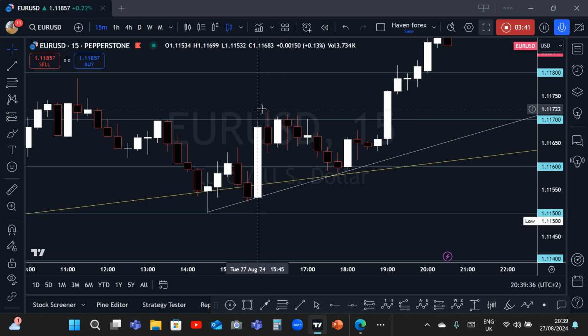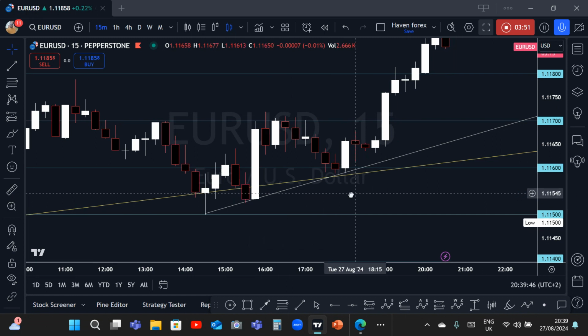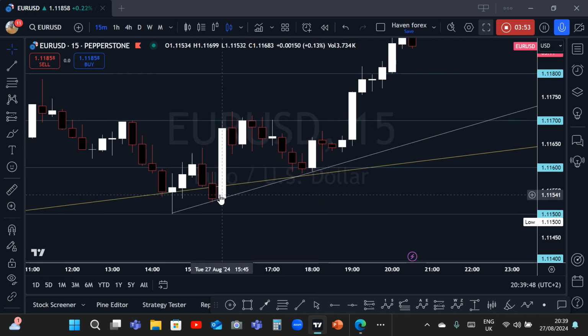What now happened? There was a bullish engulfing candle. A little after that, there was a retracement. Like I told us, before you can place an entry, this is your point A, this is your point B, your point C is where you fine tune your entry.